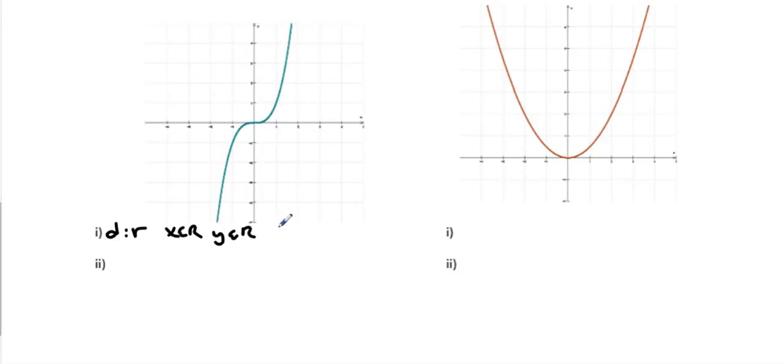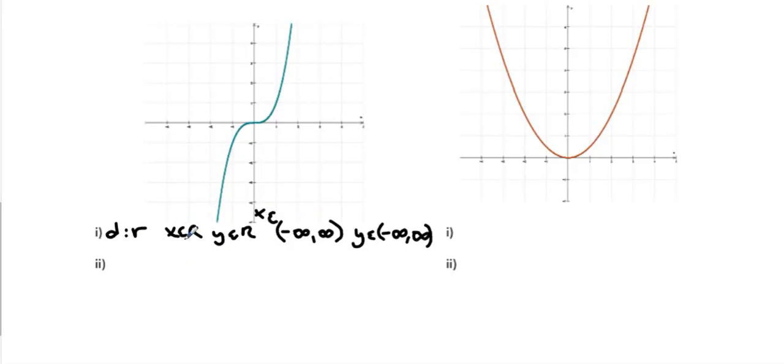In interval notation, we would have round brackets, negative infinity to positive infinity for both x and y. So we can put x as an element of and y is an element of negative infinity to infinity.